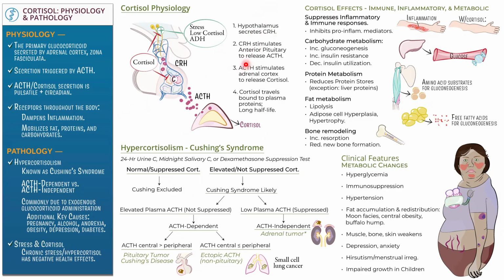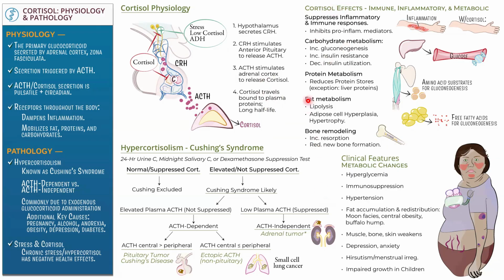Remember, ACTH is what we called adrenocorticotropin hormone, which stimulates adrenal cortex to produce cortisol. Cortisol that is produced in zona fasciculata. Then cortisol travels bound to the plasma proteins and enables these functions here.